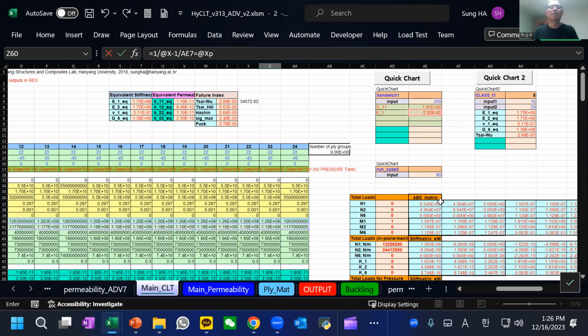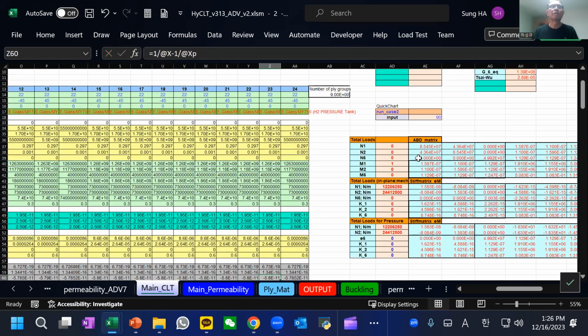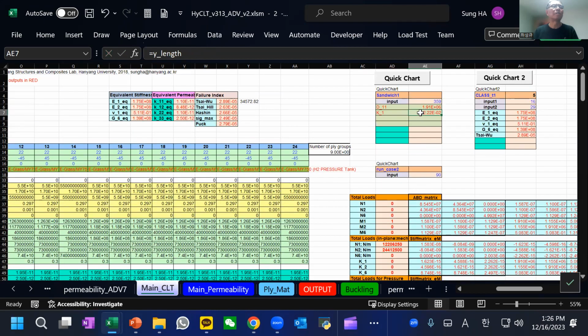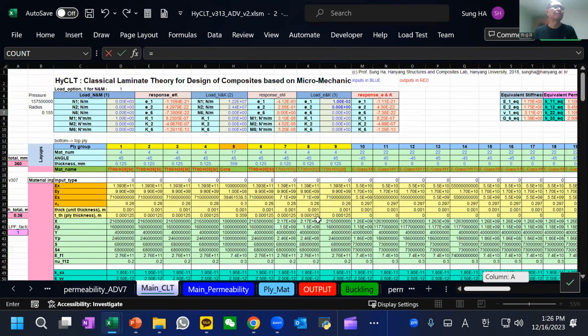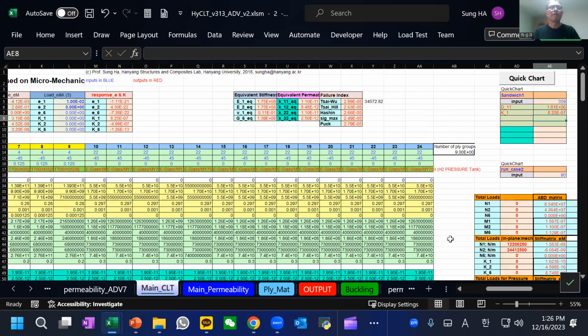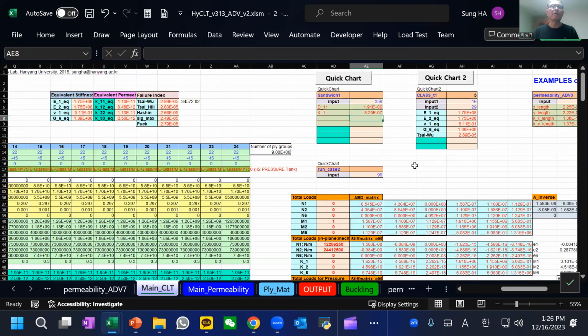So curvature 1 response. The other curvature 2 and other behavior will be pretty much the same. We just would like to understand the input.